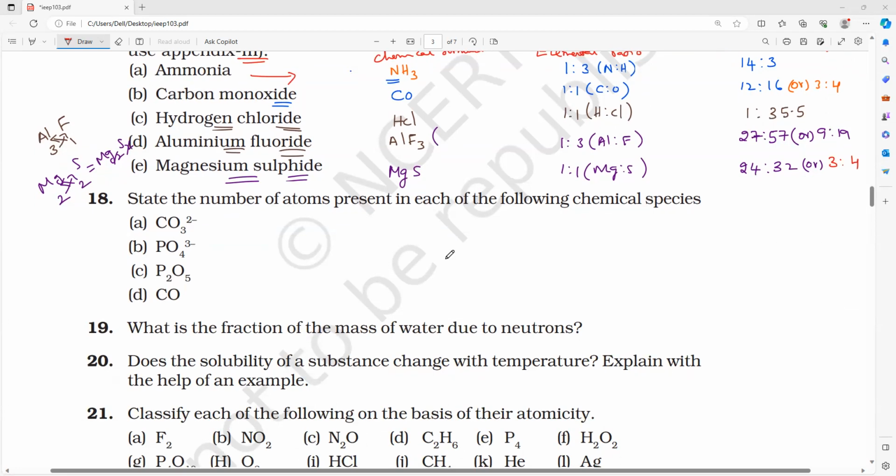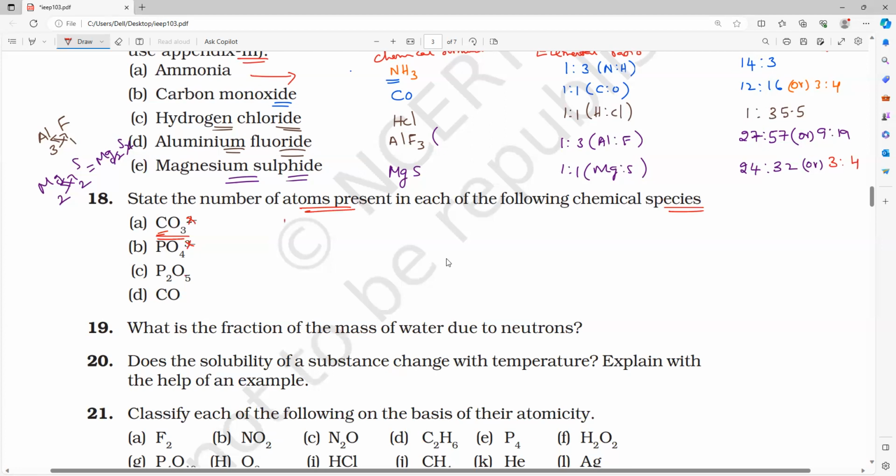Next. State the number of atoms present in each of the following chemical species. Number of atoms they are saying. So number of atoms we have to find. Shall we find it, everybody, now? So CO3 2 minus. Forget about the valencies. Valencies don't matter for us. So how many carbon atoms?